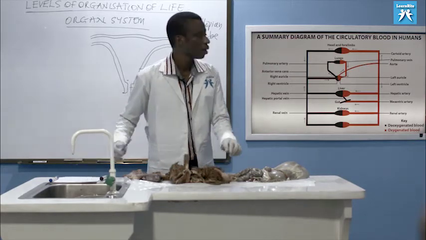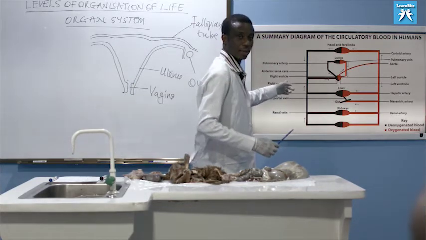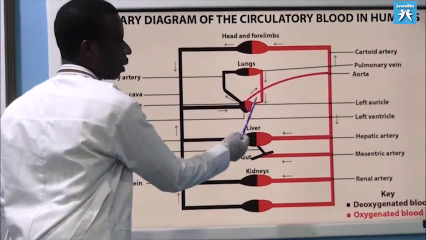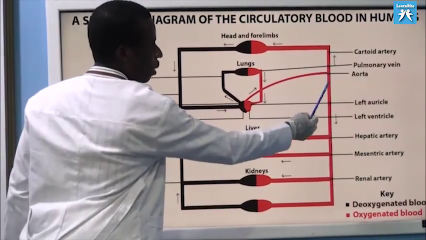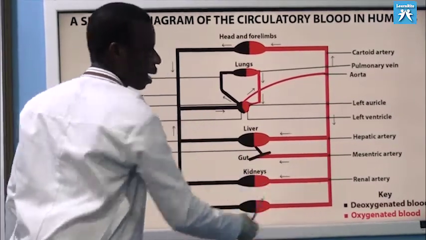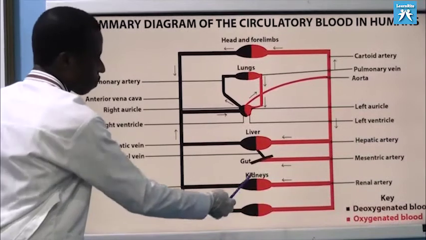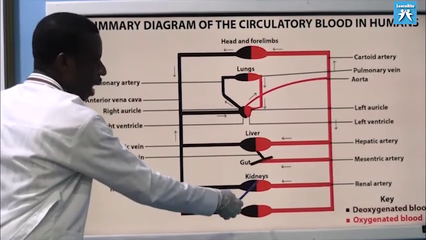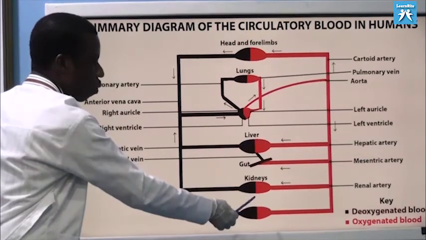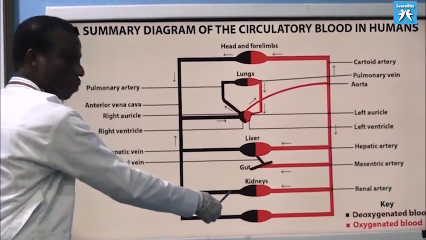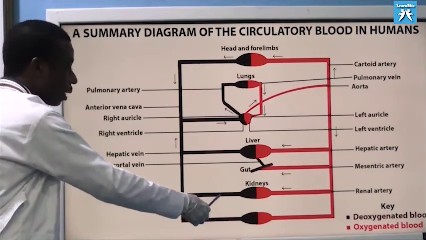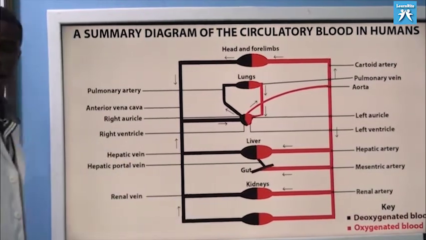So look at the screen. This is the heart. Then the aorta. These are the arteries. They are all organs, sending blood to the kidney, liver, and so on. Then another blood vessel, vein, carries blood away from an organ.